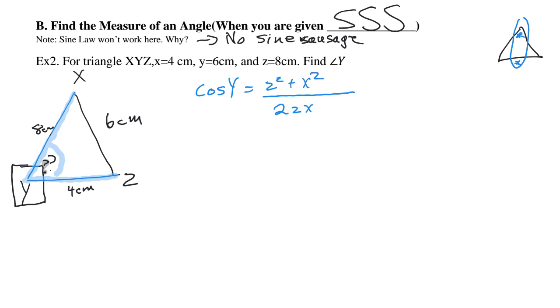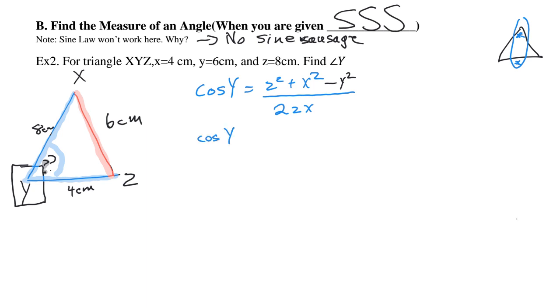And then we're going to subtract the side opposite the angle, which ends up being 6, so minus little y squared. So now let's just substitute directly in.